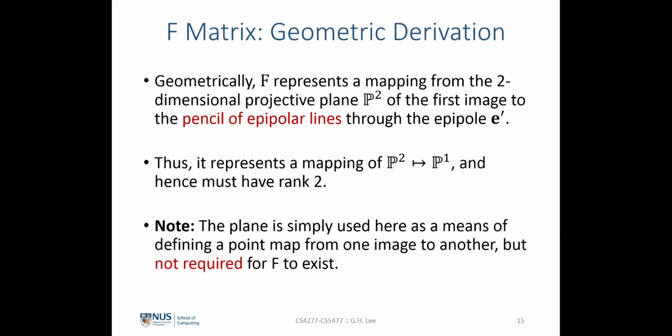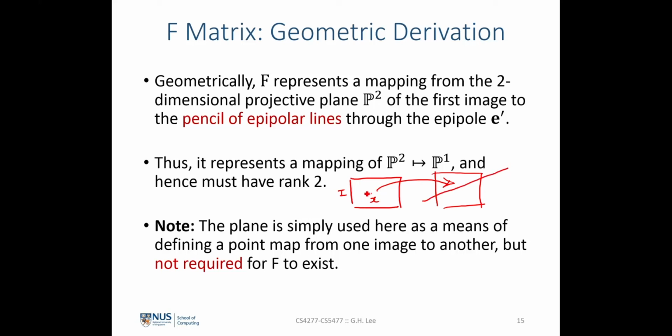Geometrically, the fundamental matrix represents a mapping of a two-dimensional projective plane in the first image to a pencil of epipolar lines in the second image view. What this simply means is that since we are transferring a point in the first view, which we denote as I, onto a second view, it becomes a line.